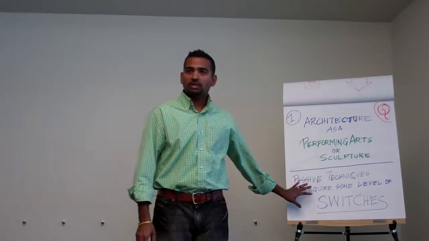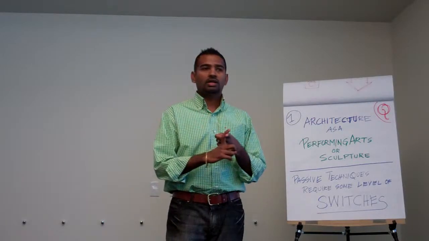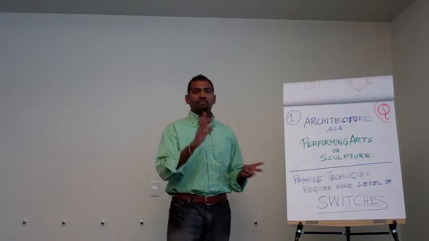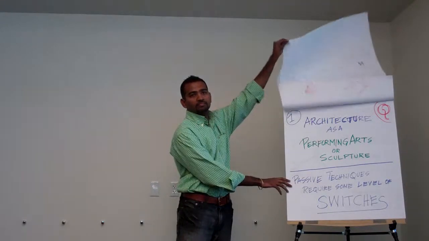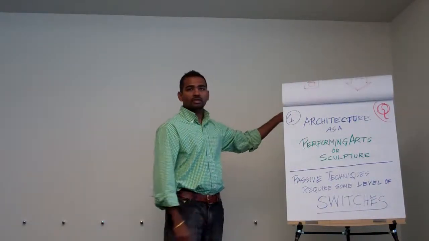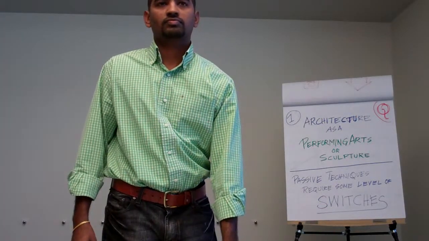So, passive technologies, if we want to use any kind of passive technology, solar, heating, or cooling, Frank, some level of, yes. Back to that analogy that you use, performing art or sculpture, I have heard another definition, which is a smart building versus dumb building. Correct.